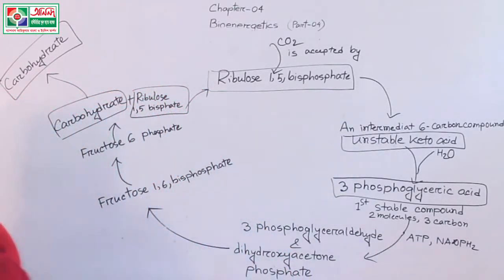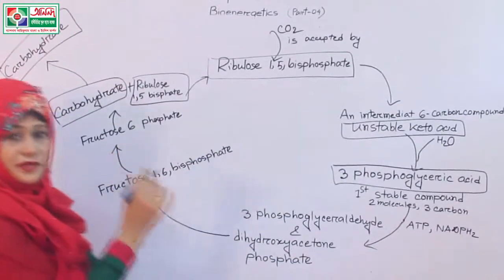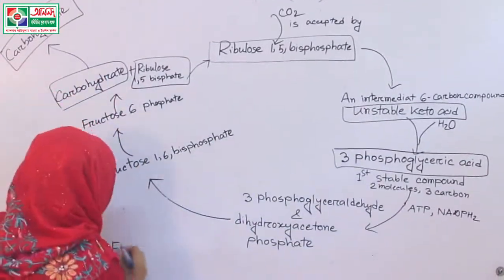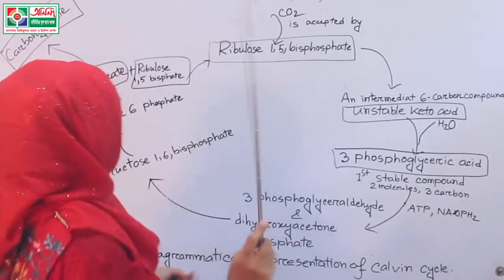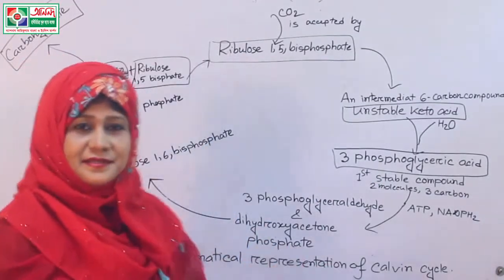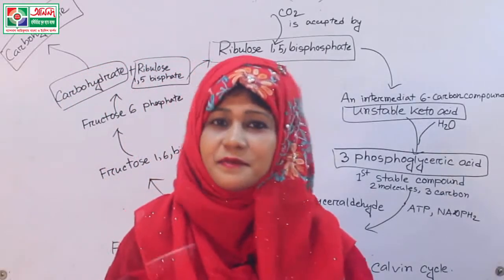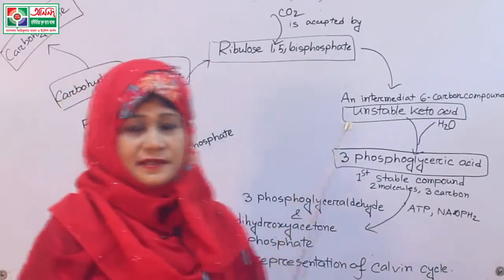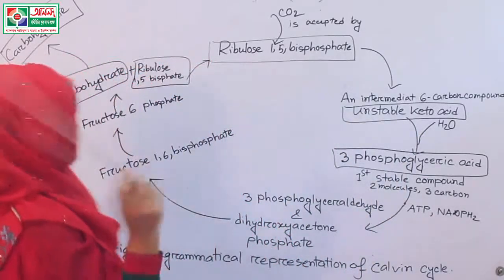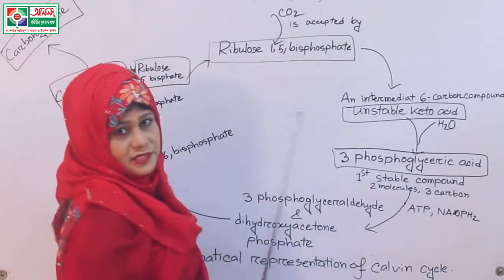You can write here the diagrammatical representation of the Calvin cycle. Students, this is the most simple, easy and short diagrammatical representation of the Calvin cycle. I am just revising this for your better understanding. This is ribulose 1,5-bisphosphate.